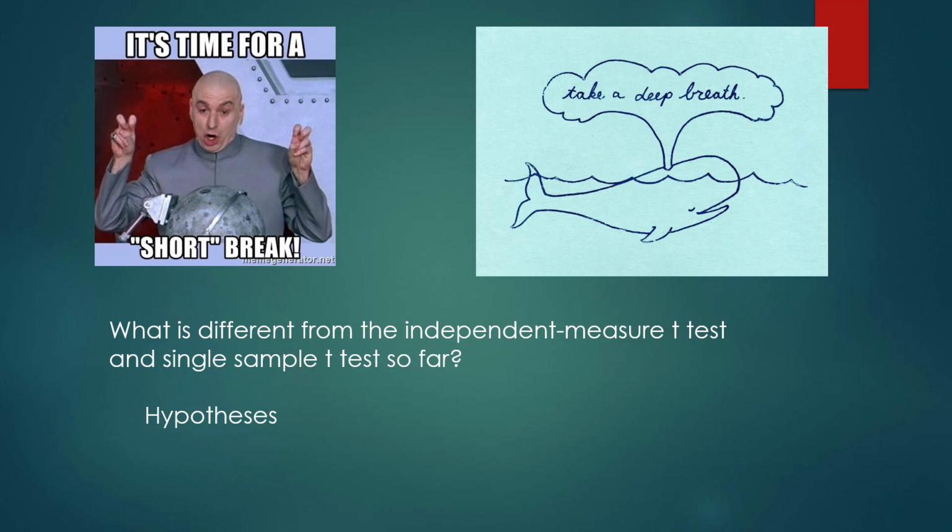Now, in an independent measures t-test, we're saying that the difference in the sample means is either equal to 0 or not equal to 0, because the null says there's no difference in those sample means, and the alternative says there is. We've also seen differences in degrees of freedom because now we have 2 samples, so we have to account for the degrees of freedom in both samples.